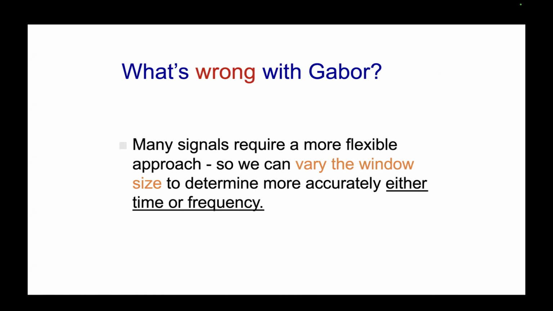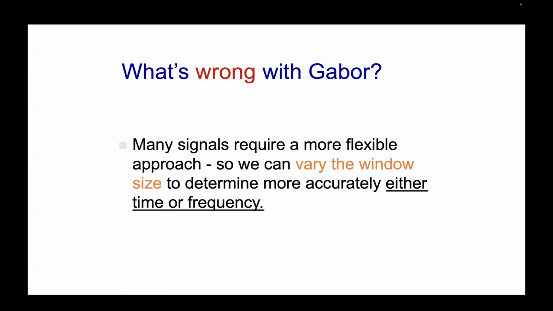So in real world signals, we use good frequency resolution for low frequencies, and it doesn't have to be as good for higher frequencies. But because higher frequencies change very fast, we need good time resolution for higher frequencies.